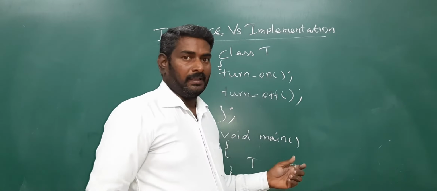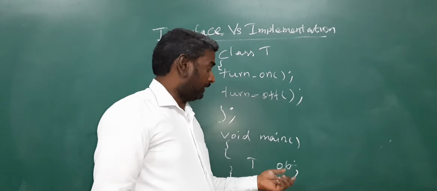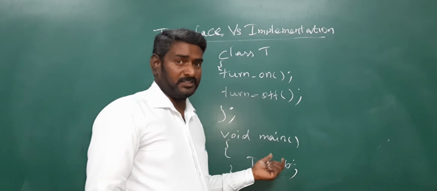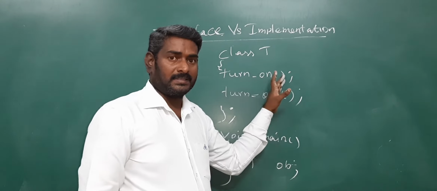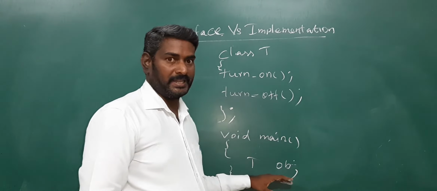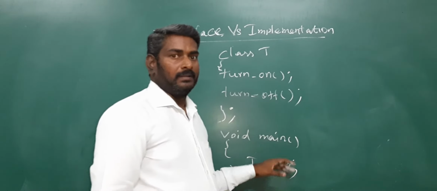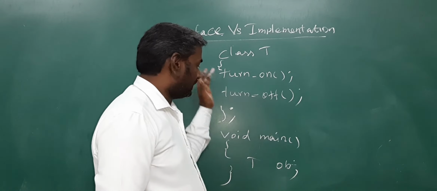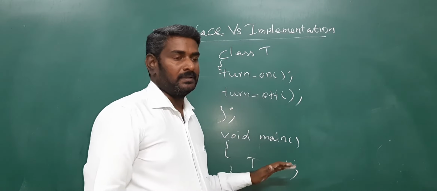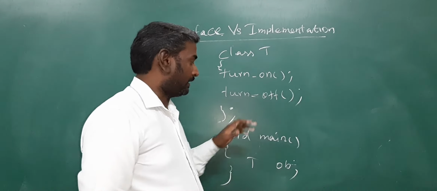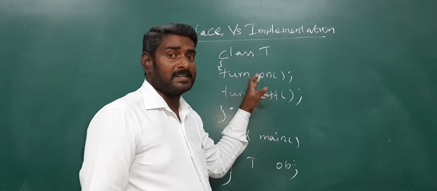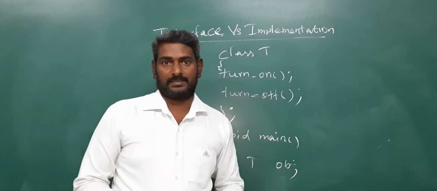OB is the object. It is also called an instance that is created from the class. Without the class, we cannot create an object. So, by using the class, we create the object. So, the class declaration combines the external interface with an implementation of that interface.